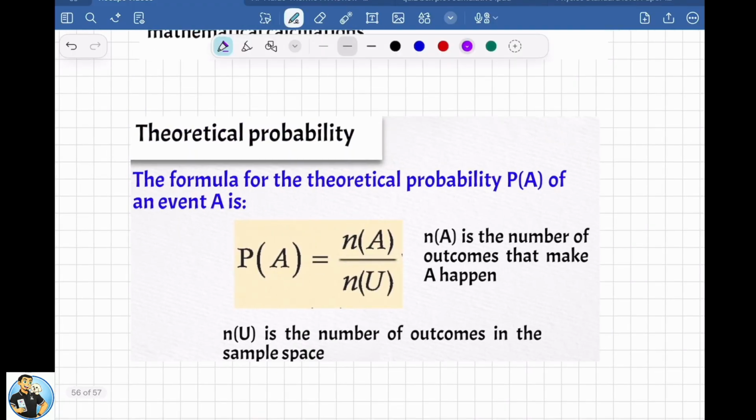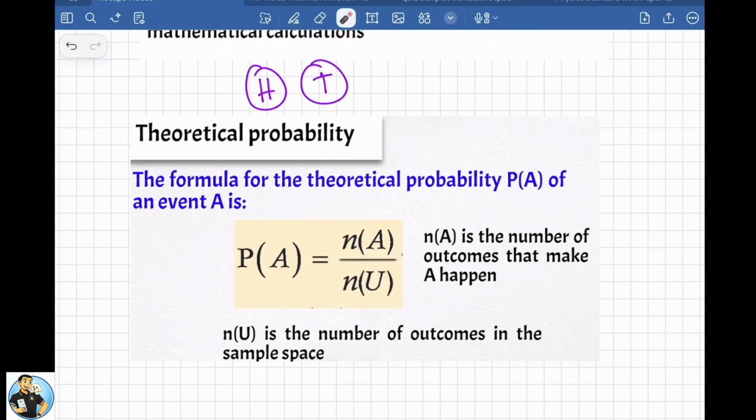Specifically, if we want to use the tossing a coin example here, because we have theoretical probability, we do not perform the experiment, because we already know that we have only 2 options, heads and tails. When we have theoretical probability, this is super important, we are going to make an assumption. What is this assumption?